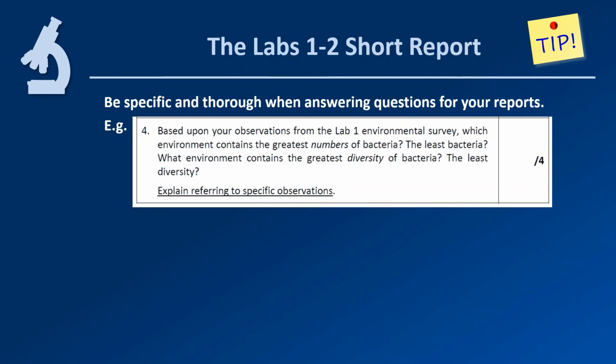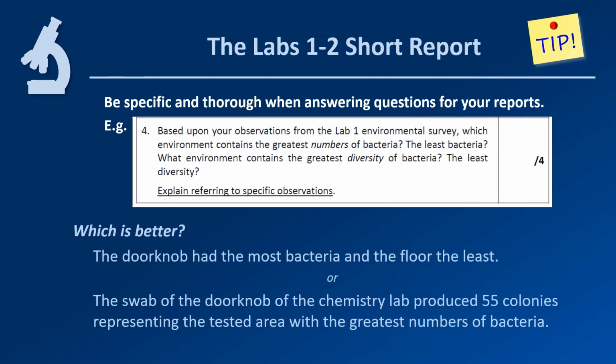This example doesn't answer the whole question, just part of it, but let's take a look at these examples I have here. It says, which is better? First, the doorknob had the most bacteria and the floor had the least, or the swab of the doorknob of the chemistry lab produced 55 colonies representing the tested area with the greatest number of bacteria. I think it's obvious that the second one is better.